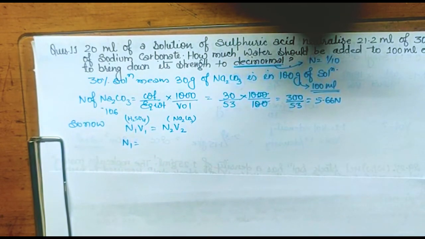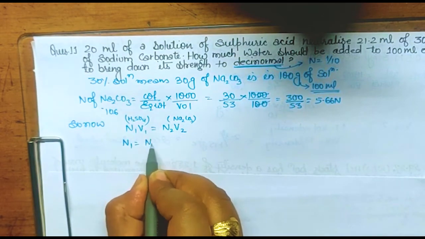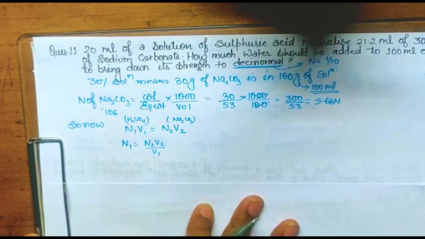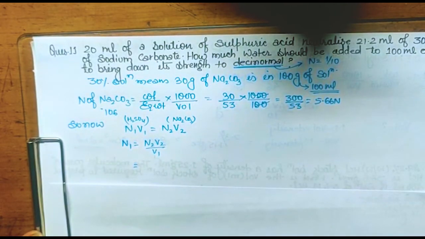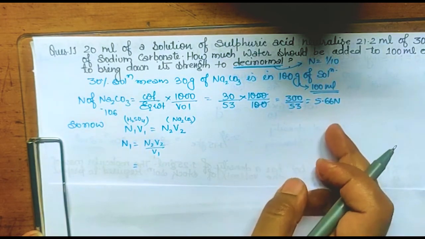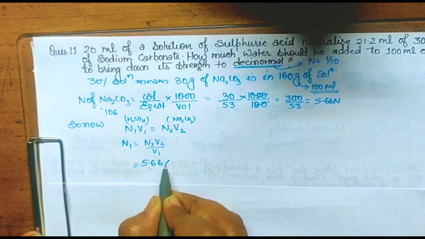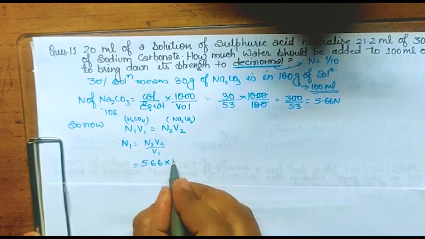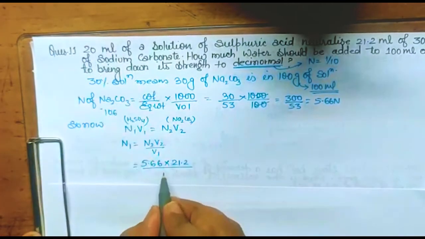Are you getting it? What am I saying? Okay, so N1 is equal to N2V2 upon V1, isn't it? So put the value. N2 is given over here. What is this N2? We got right now for sodium carbonate 5.66, and the volume of the sodium carbonate is 21.2, and the volume of this is 20.